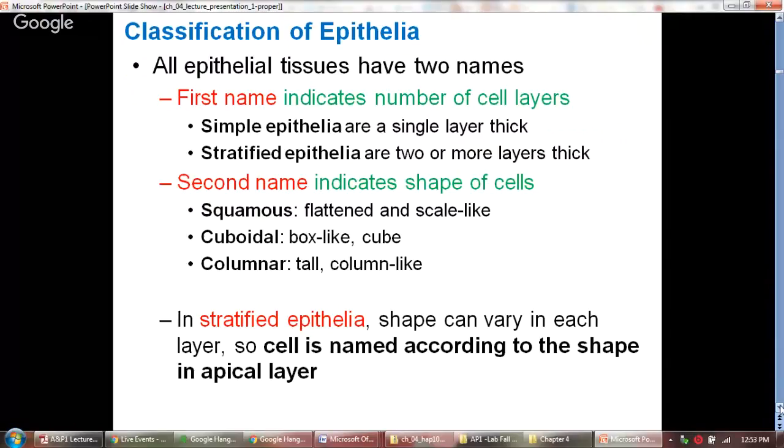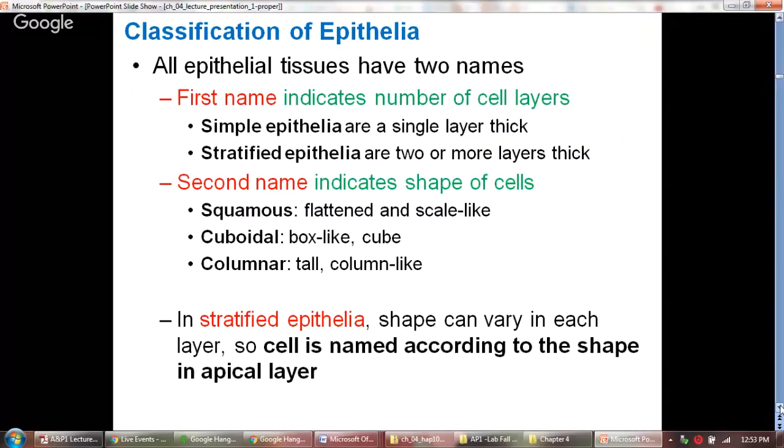Apical is the top part of the cell layer, and then you name it as it is. For instance, the squamous type cells are in the skin epithelia, even though it has several layers down below. So we call it stratified squamous epithelia. You look for the top cell layer when you have more than two cell layers to name the tissue.